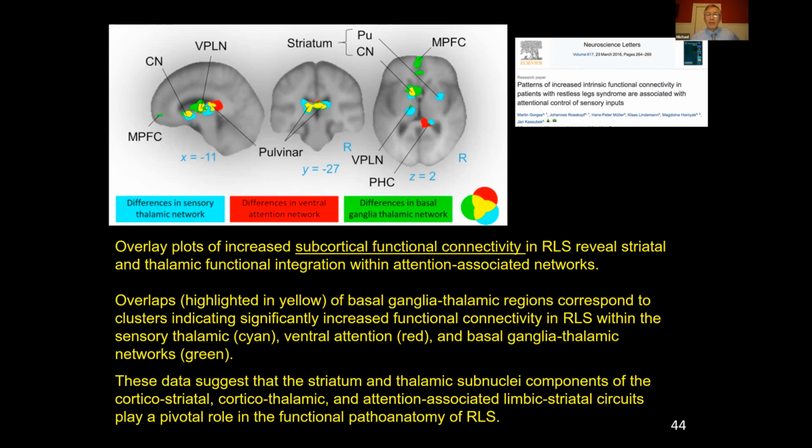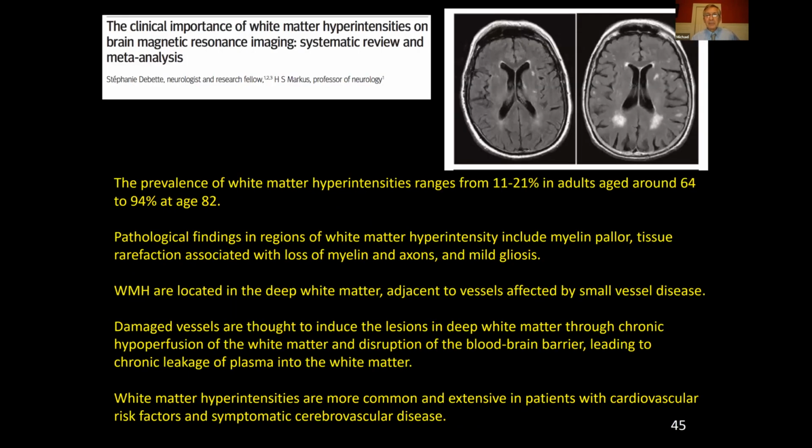I did want to talk briefly about white matter hyperintensities because I mentioned T1 and T2 at the beginning. My numbers were a little off. So prevalence of white matter hyperintensity is 11 to 21% in adults age 64, up to 94% at age 82.